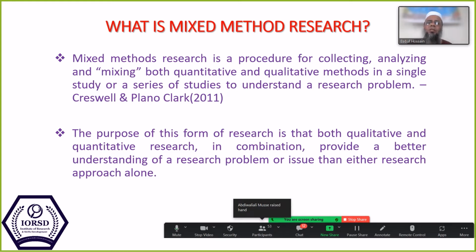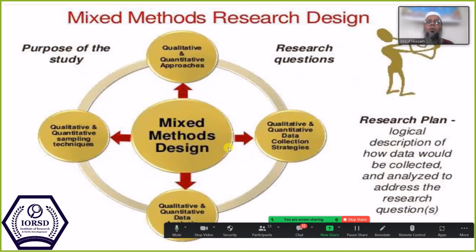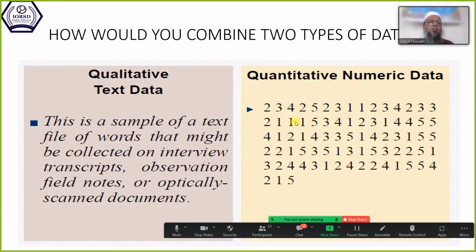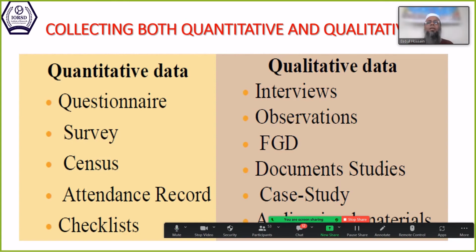Okay, the purpose of this form of research is that qualitative and quantitative research in combination provide a better understanding of a research problem or issue than either research approach alone. So in mixed method research, we collect both quantitative and qualitative data. Quantitative data comes from questionnaires, surveys, census, attendance records, and checklists.